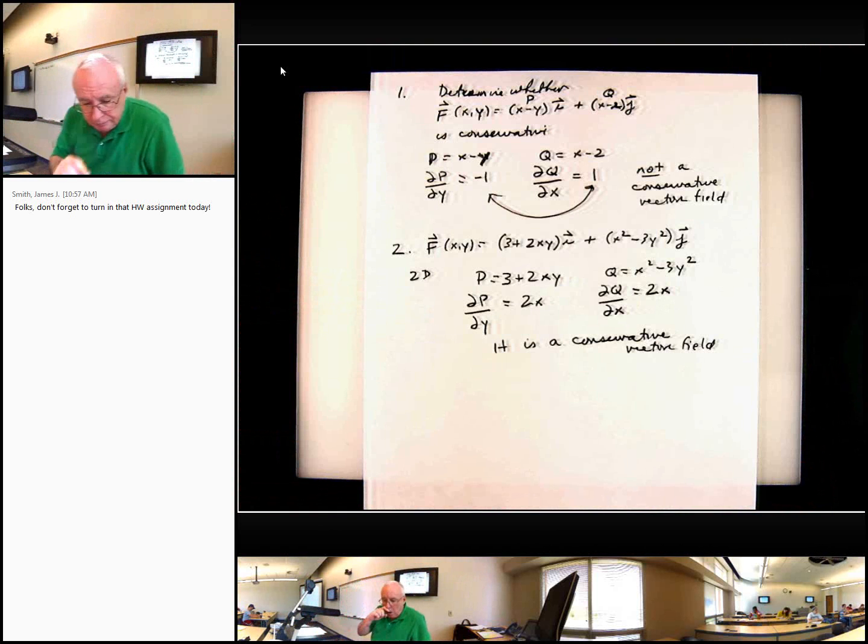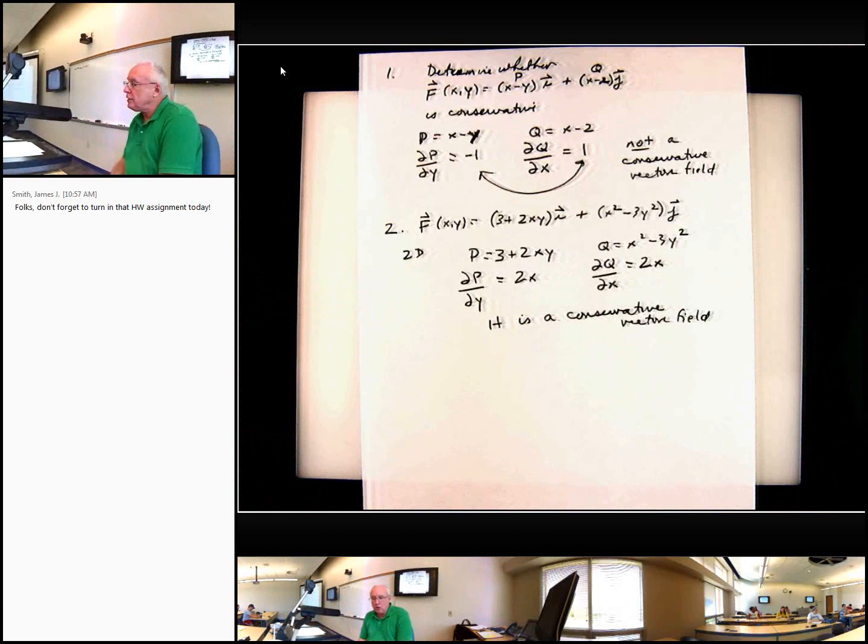Now, the thing is, we know that this field is a conservative vector field, and suppose we're wanting to evaluate its integral along some curve.